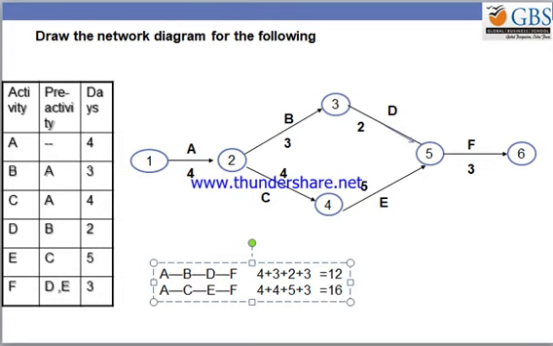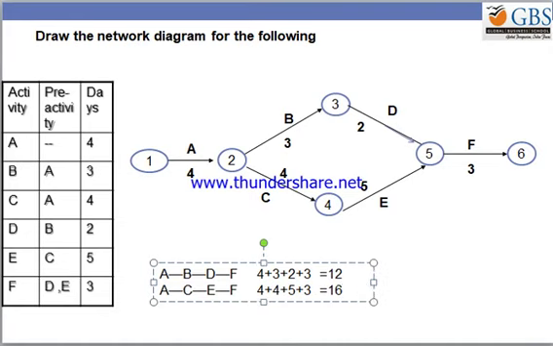Now we need to find out the critical path. What is the meaning of critical path? The maximum possible duration of the project accomplishing a particular path. So this is a path which is going to be found out, which is the critical path among these. With respect to this example, you can see that 16 is the maximum.